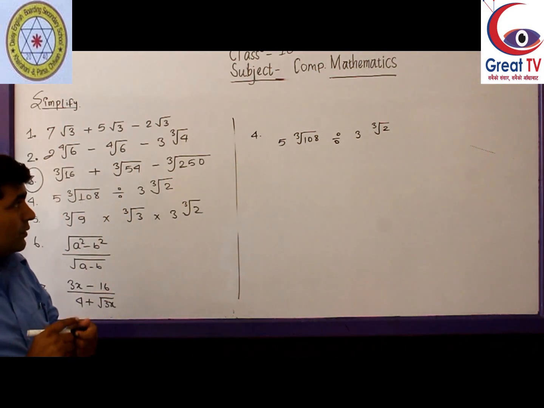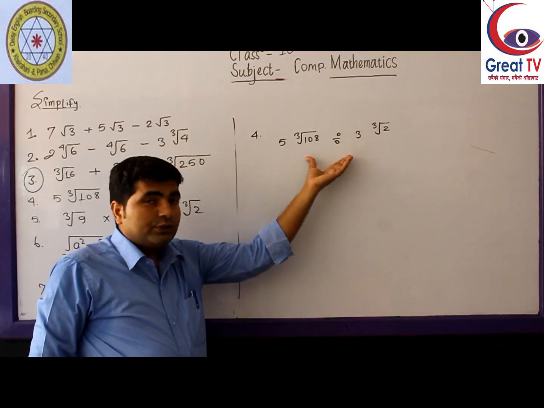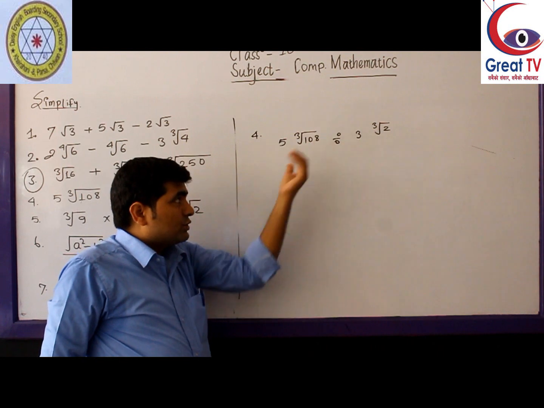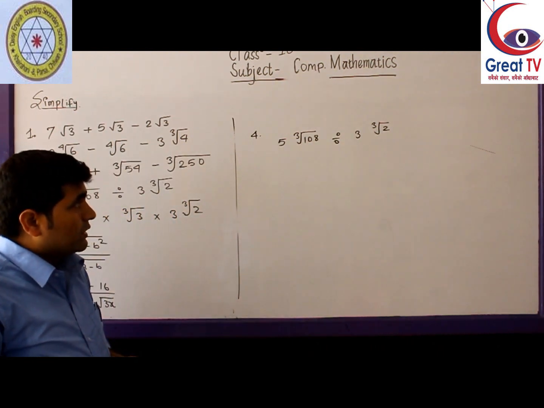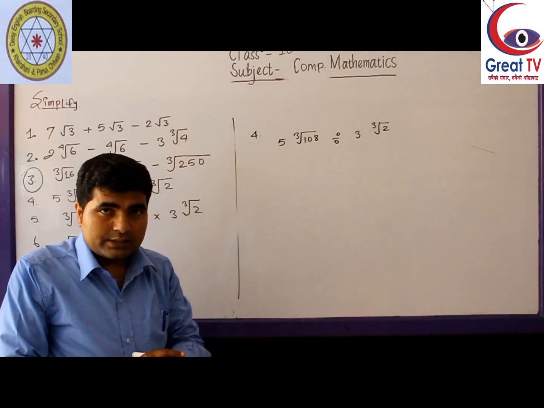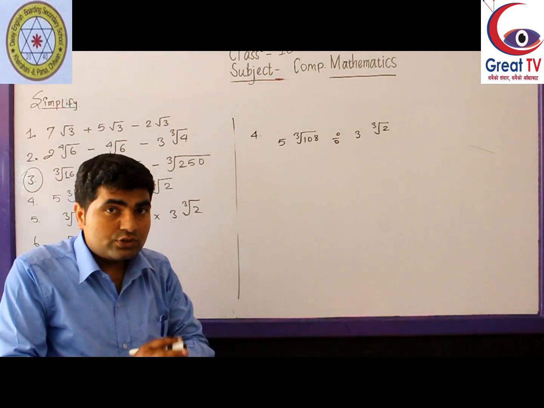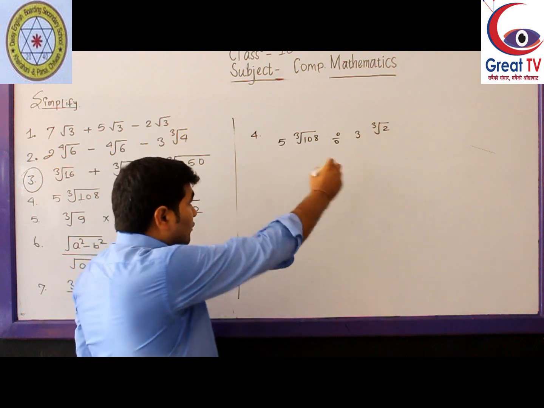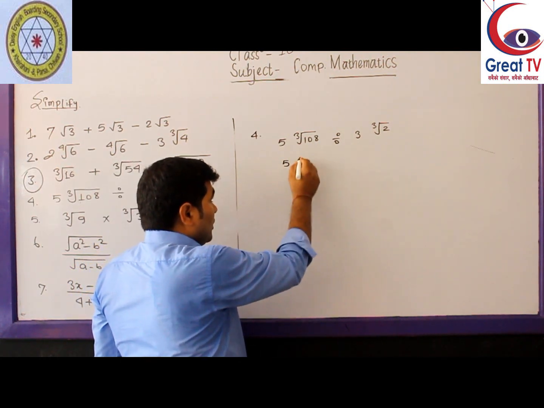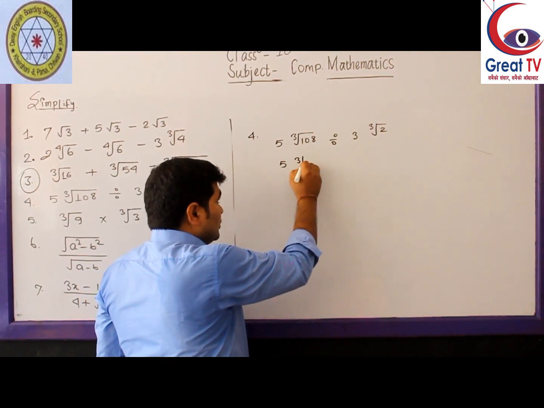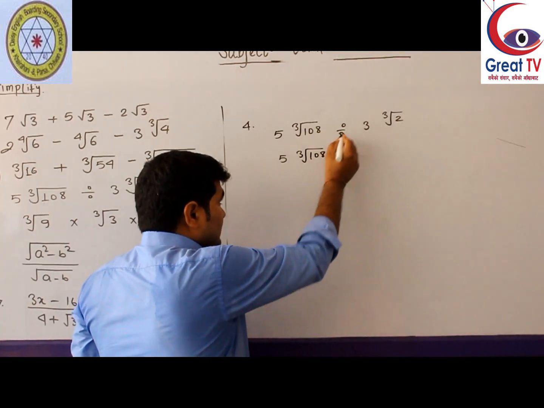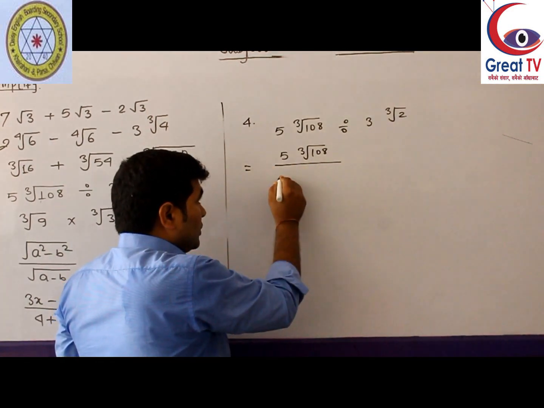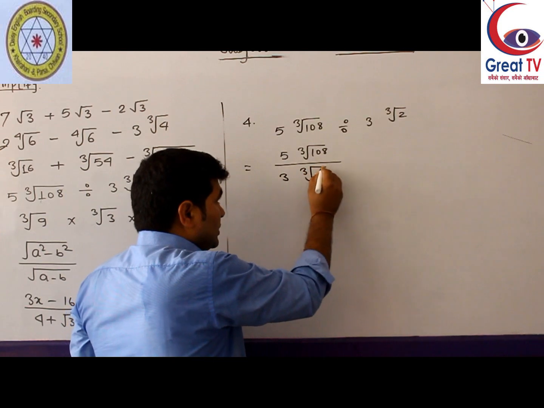Now we are going to divide these two terms, these two surds. First of all, check whether they have the same order or not. If the surds have the same order, we can divide and we can multiply. Okay, now 5 cube root 108 divided by 3 cube root 2.